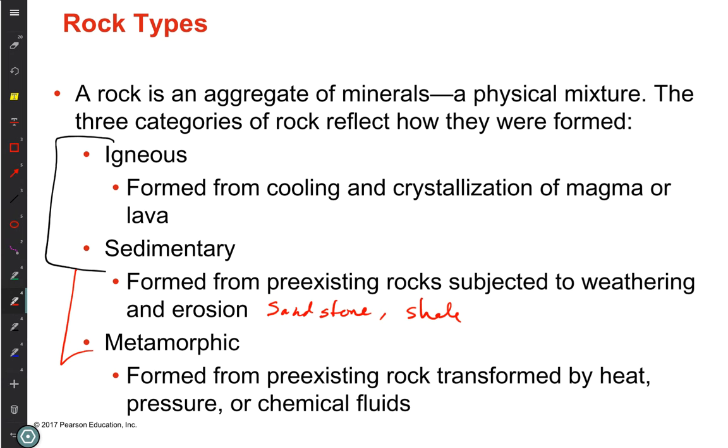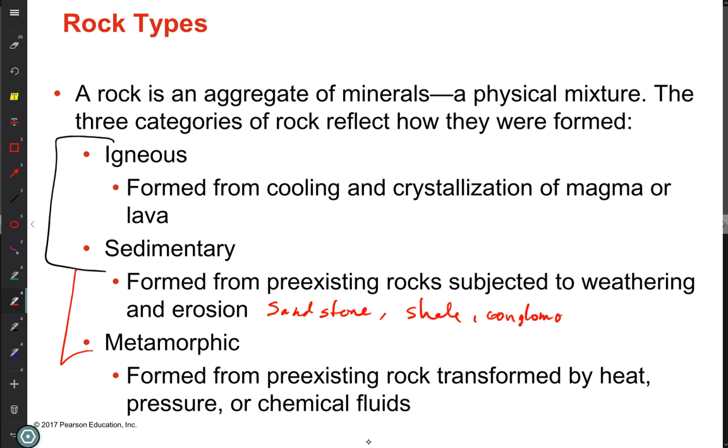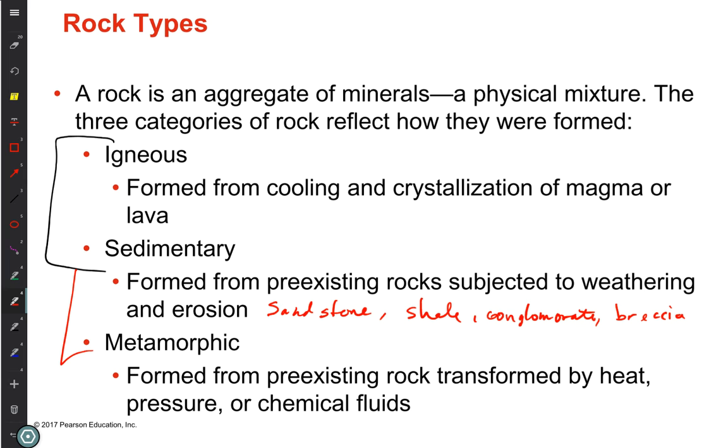You also have sedimentary rock with bigger chunks, things like conglomerate, or breccia. Conglomerate has smooth rocks, breccia has rough rocks, but they're bigger rocks that are encapsulated in smaller sediment to make sedimentary rock. So those are types of sedimentary rock.